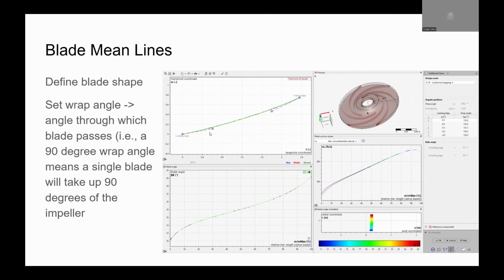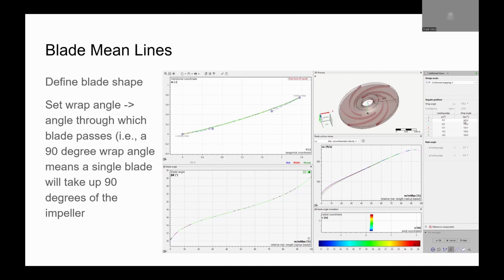Sometimes CF Turbo will give you blades that have weird wiggles in them. That's obviously not good. So we want to make sure our progression over the course of the blade smoothly transitions between the two angles.